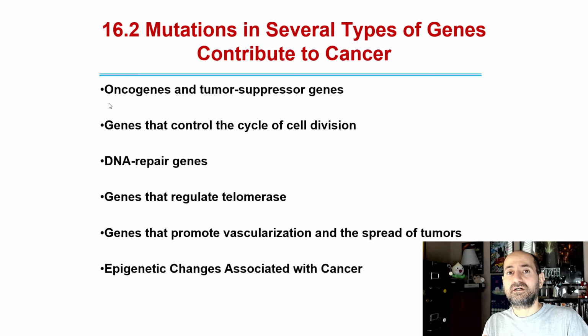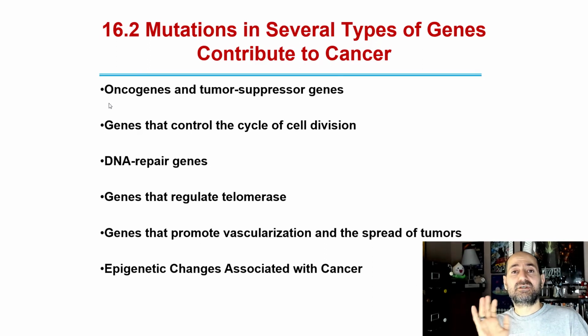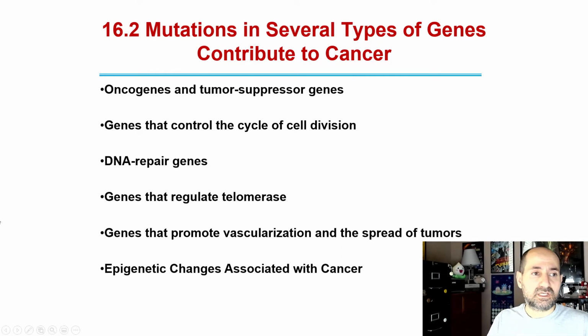Some are proliferative indicators, like growth factors and receptors that tell the cell when to divide. And then some are inhibitory factors. They say, whoa, don't divide, the DNA's damaged, don't divide.